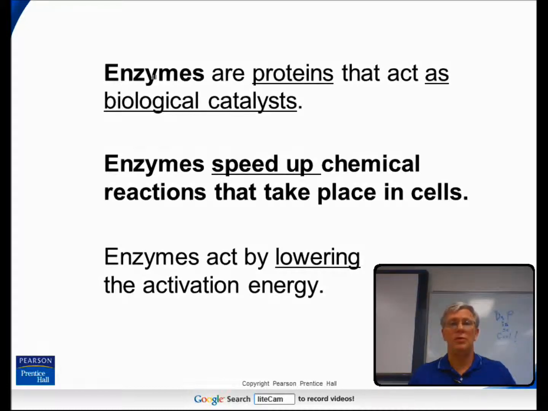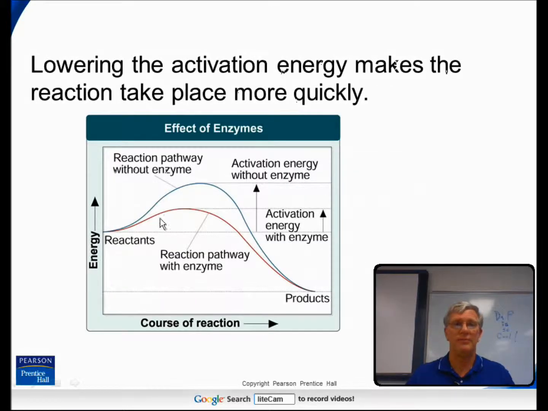They speed up chemical reactions, and they do this by lowering the activation energy. If this graph represents the amount of activation energy on the blue line necessary to get a reaction started, if an enzyme was present, the amount of activation energy would be lowered. So this reaction can take place with much less activation energy needed to start it.